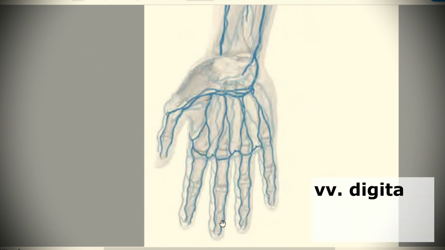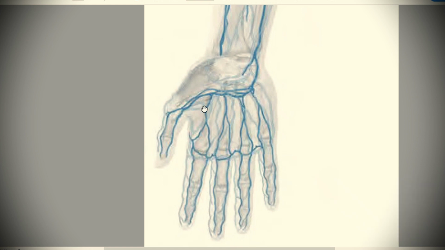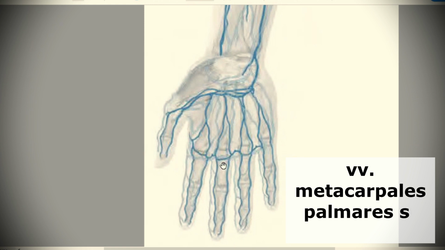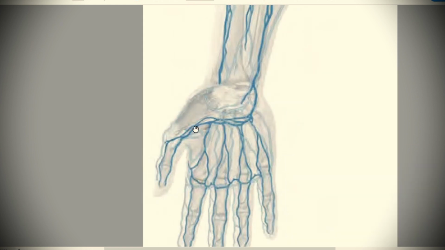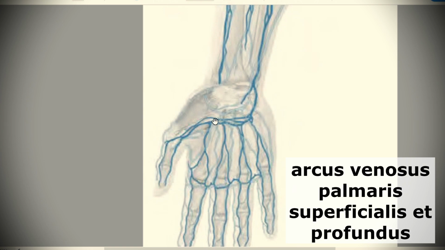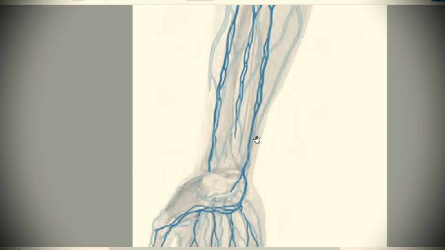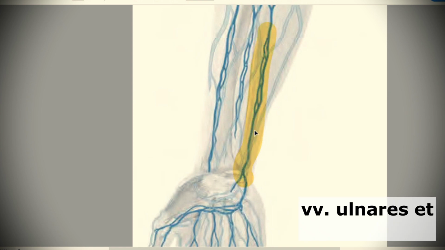So you have vena digitalis palmaris, and dorsalis from the backside.